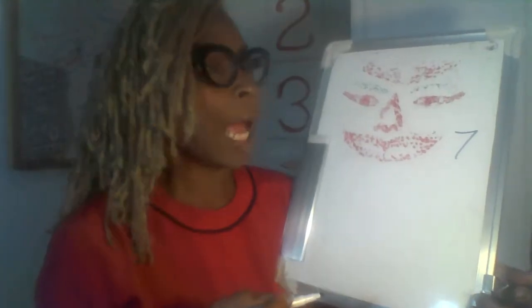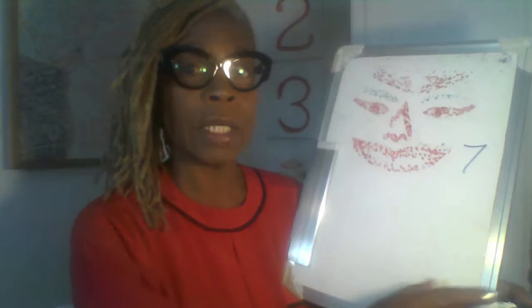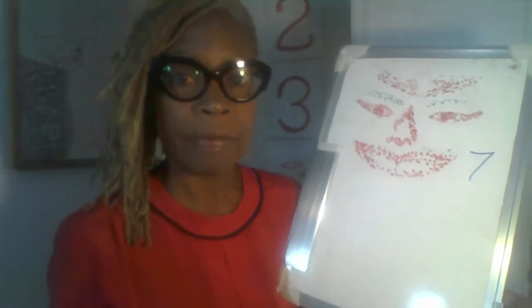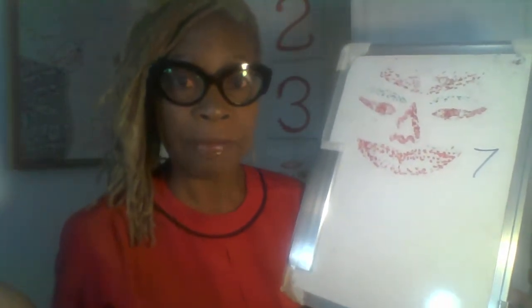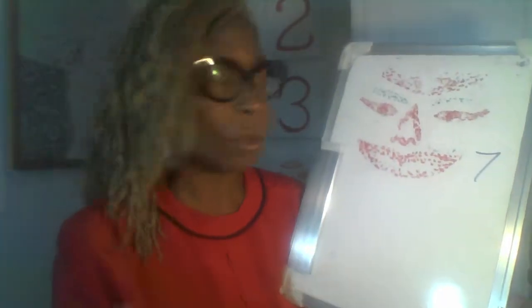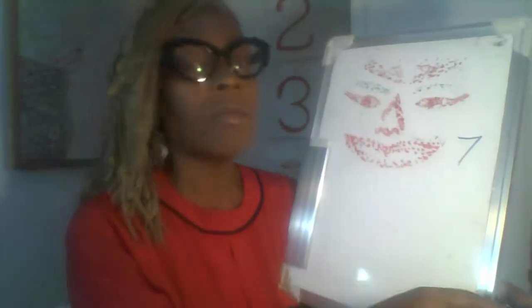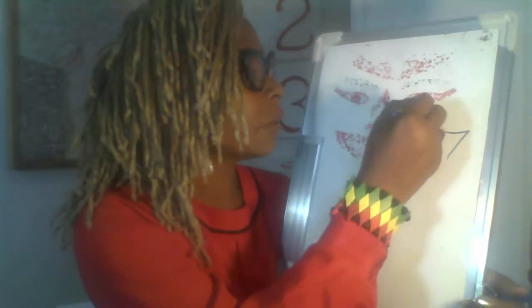Okay. Now, another thing, because I have been associating Earth with Mother Eve, but Eve is actually 5. I have noticed that when I say Mother Eve, the word mother equals 7.